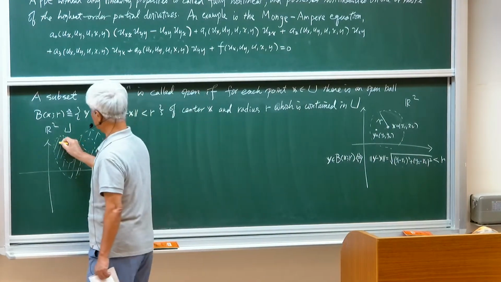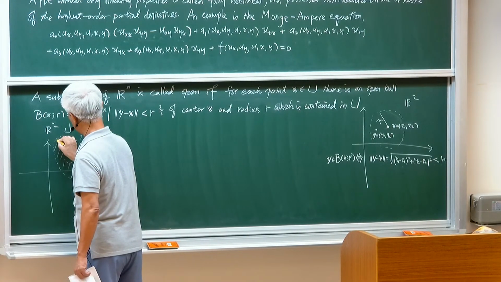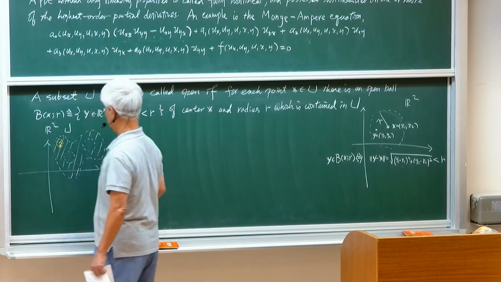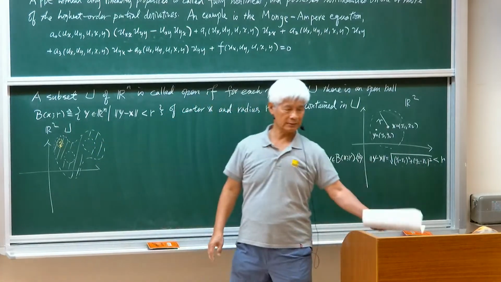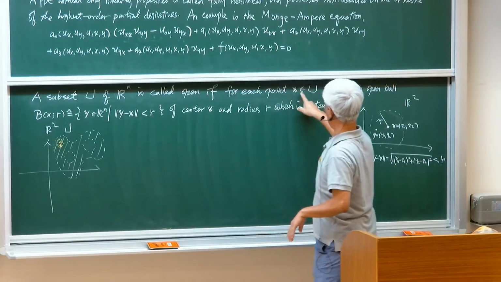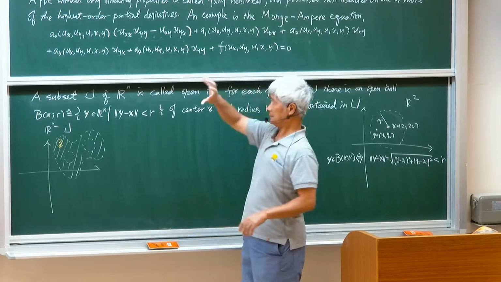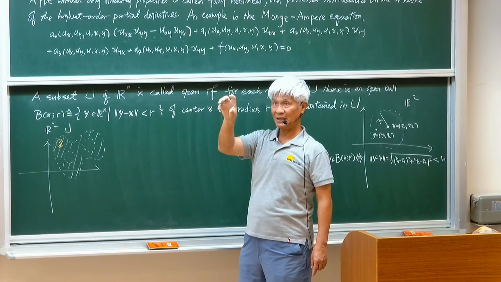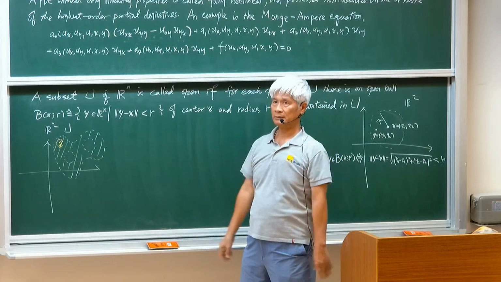Why? Because I select a point x here, and I can find an open ball with radius r inside U. It means that you pick a point in U, then you can find an open ball with center x and some radius, and the whole open ball will be inside U. This is the meaning of open.